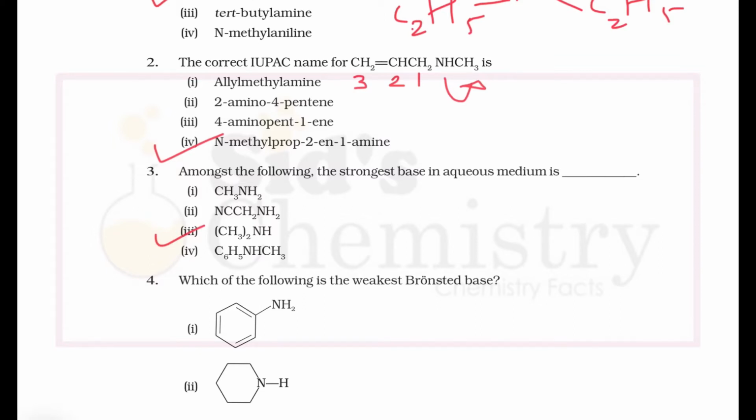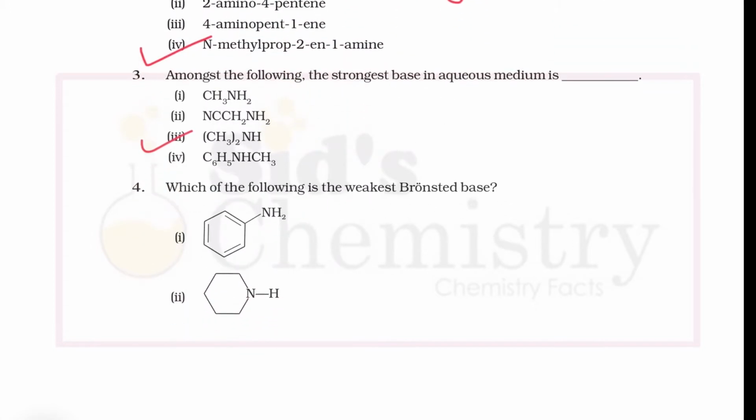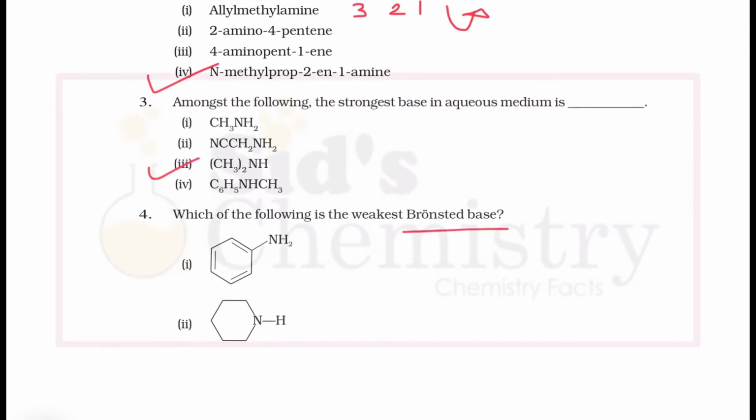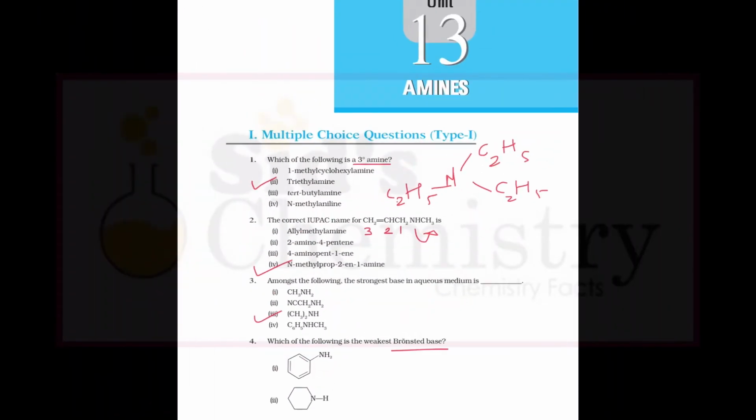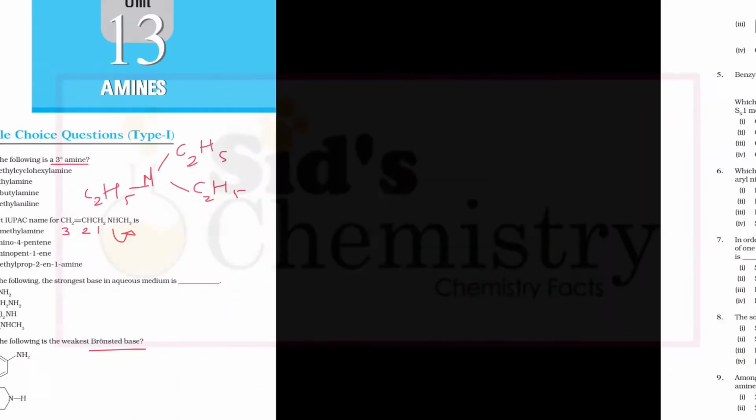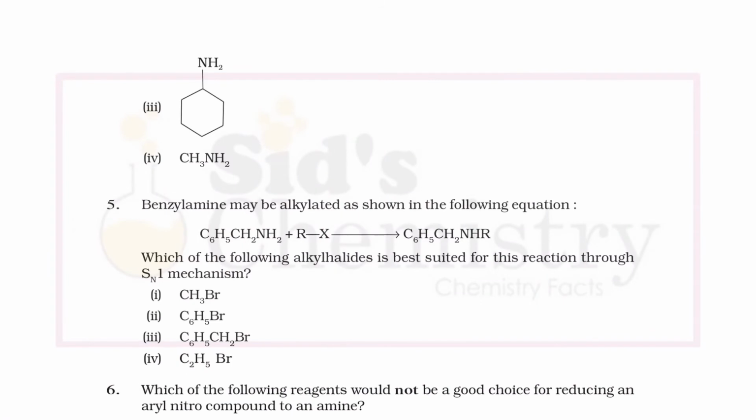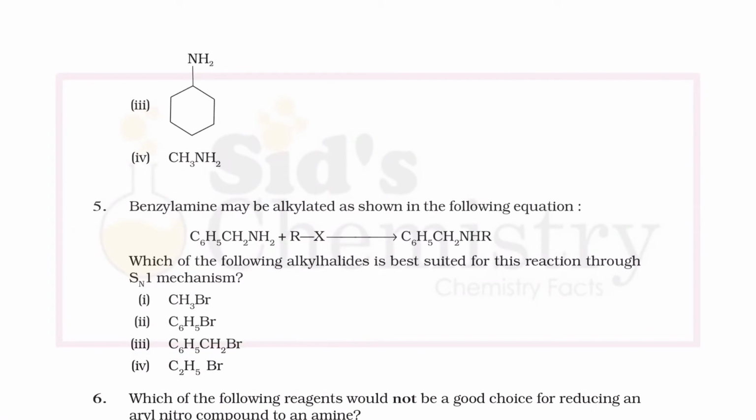Coming to question number 4, which of the following is the weakest Bronsted base? To be a Bronsted base, a compound should donate the lone pair of electrons. Now the options are benzenamine, cyclohexylamine, cyclohexanamine, and number 4 is methylamine.